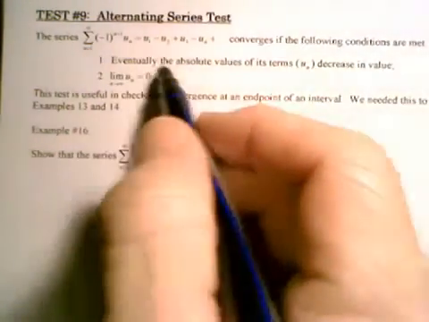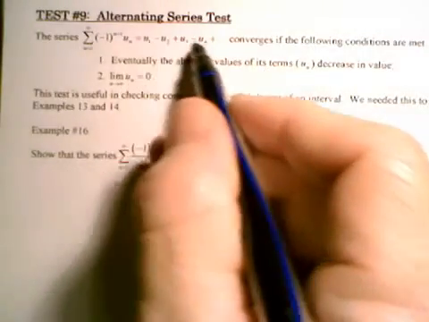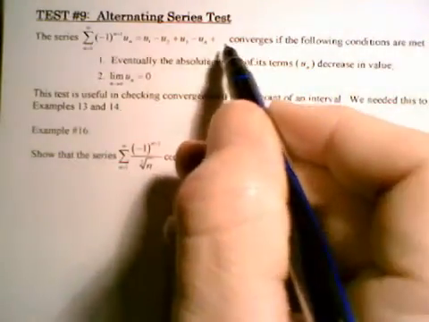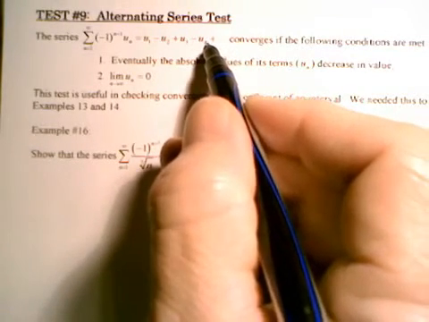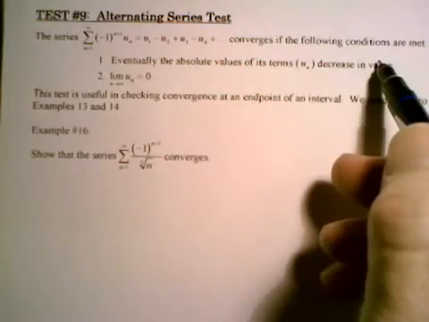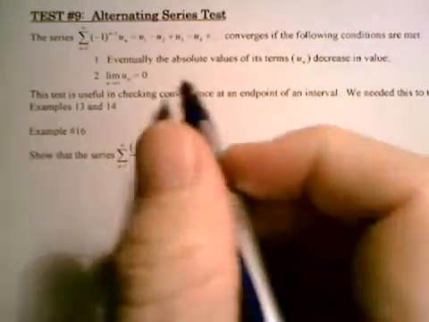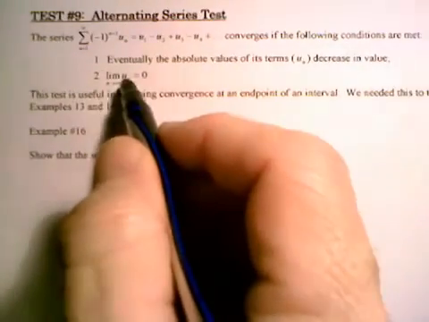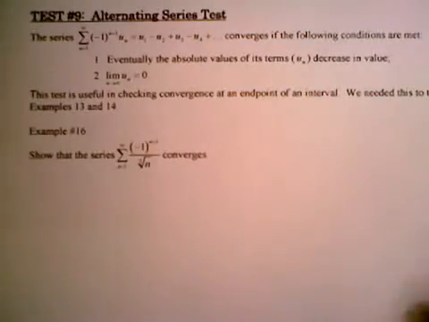The absolute values must decrease eventually: the next term is smaller in absolute value than the term just before it. That's the first condition. And the limit of the nth term is 0. As long as these 2 conditions are met, the series converges if it's an alternating series.